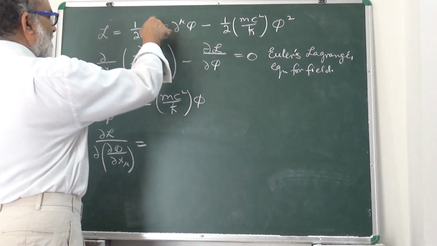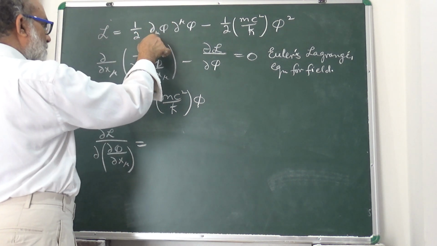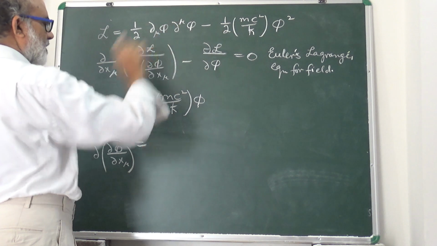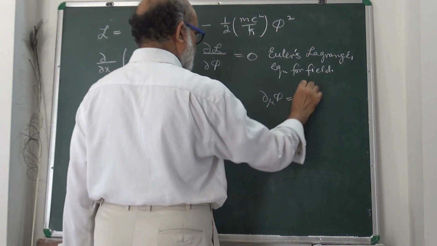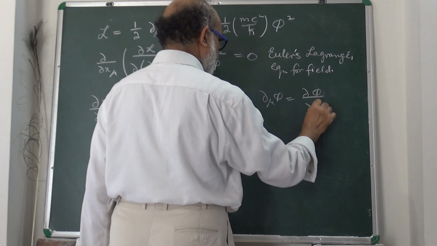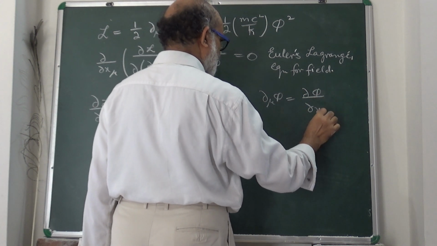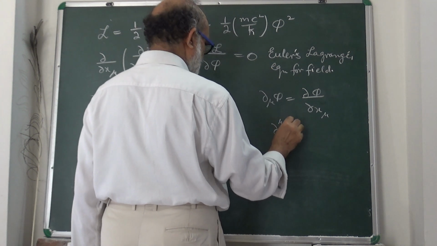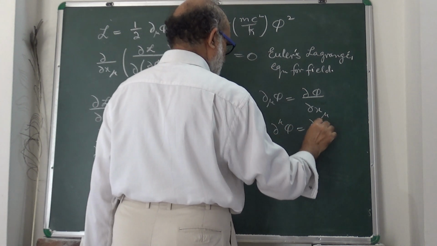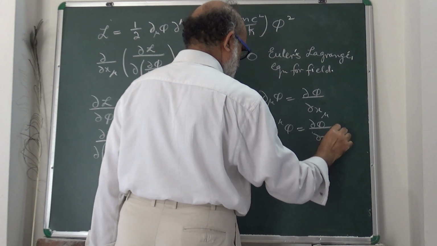It is delta phi by delta x mu, again delta phi by delta x mu, because del mu phi is delta phi by delta x mu.